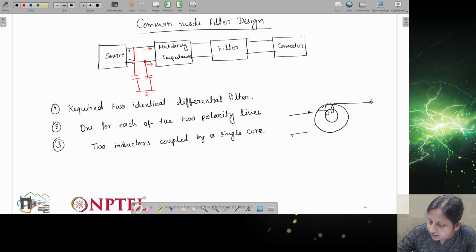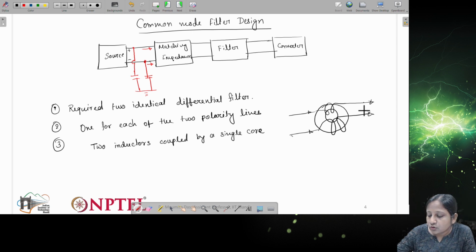Similarly, another signal will come for the negative polarity, and again it will go in this direction. So this is coupled in a single core, so the fluxes of each line will cancel out. The net flux due to these two different lines will be zero.